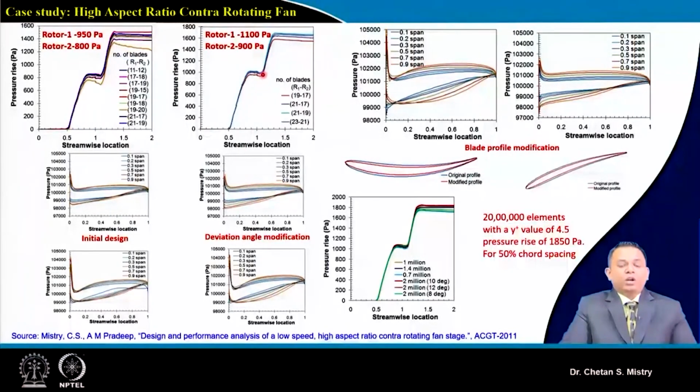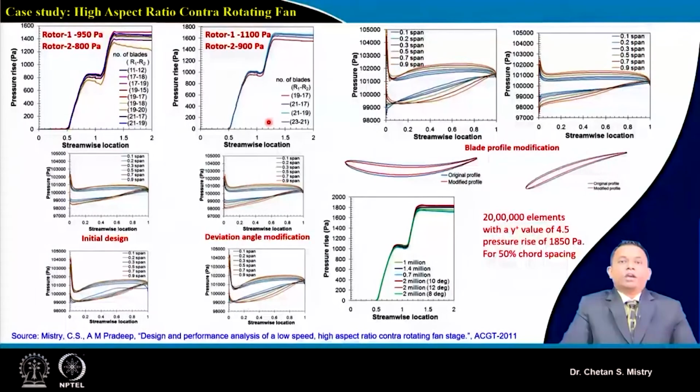When we did this part, we initially fixed our number of blades based on a number of iterations. Then we need to check, for this particular aerodynamic loading, whether this number of blades will be as per requirement or not.